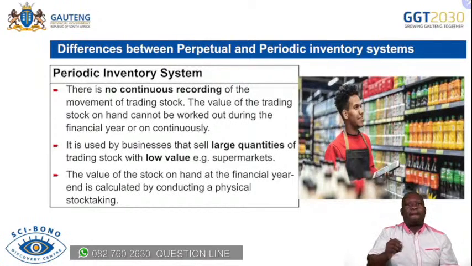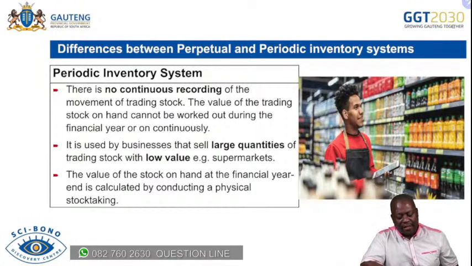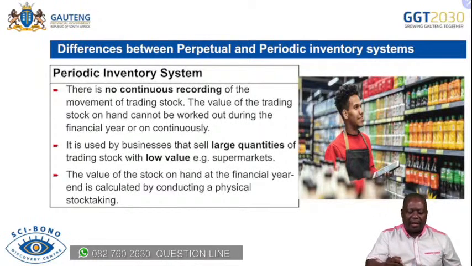That is the periodic inventory system. This system is suitable for businesses where it is difficult to determine the cost price of individual items on a continuous basis. So that's where we use the periodic inventory system.